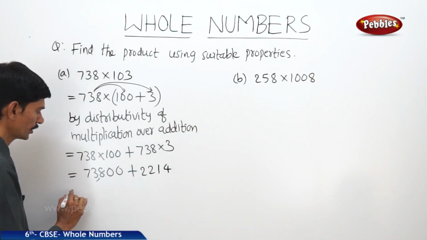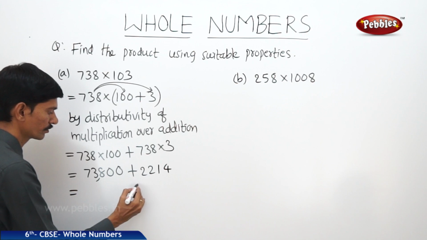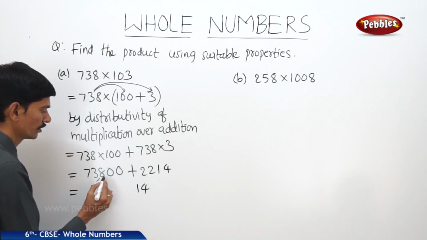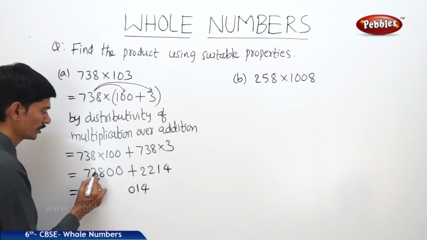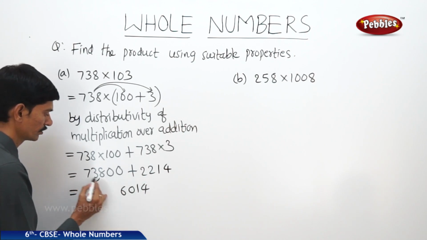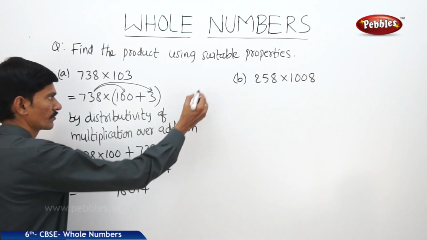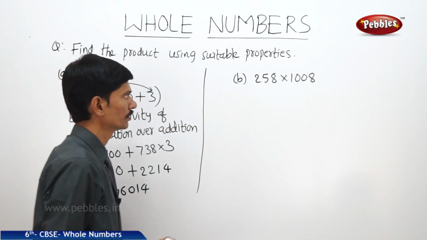So then we have to add these two numbers: 0 plus 4 is 4, 0 plus 1 is 1, then 8 plus 2 is 10, and 1 plus 3 is 4, 4 plus 2 is 6, then 7. So 76,014. Now the next question, 258 into 1008.